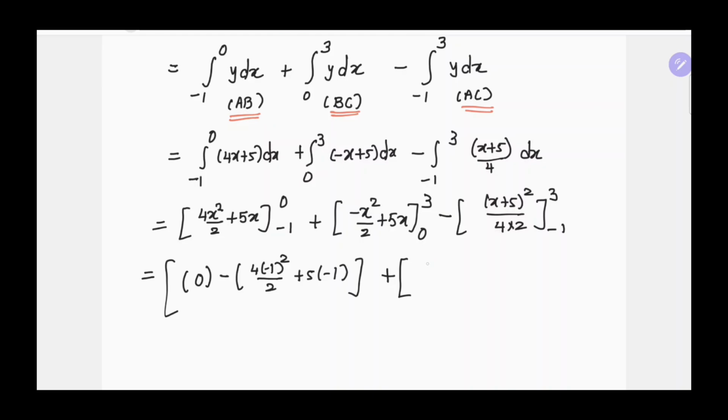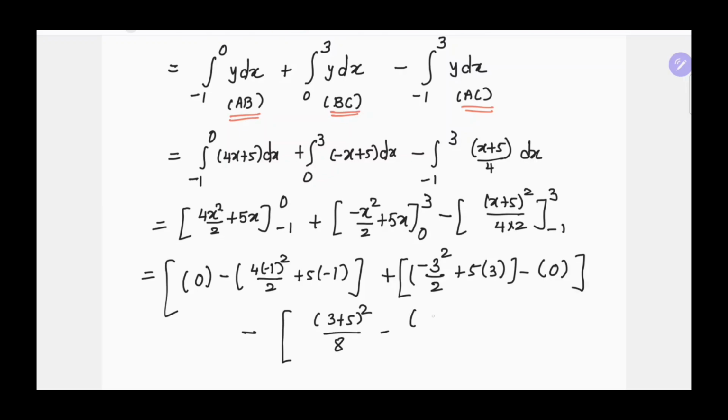Now I will replace x by 3, so that is minus 3 square by 2 plus 5 into 3, that is your first bracket, minus into the second bracket, which will be 0. (3 plus 5) whole square upon 8 minus (-1 plus 5) whole square upon 8.